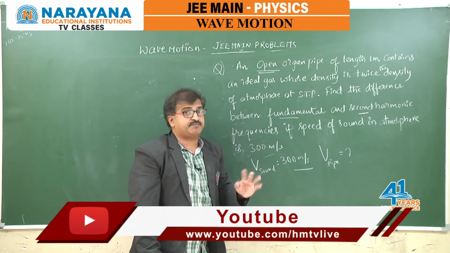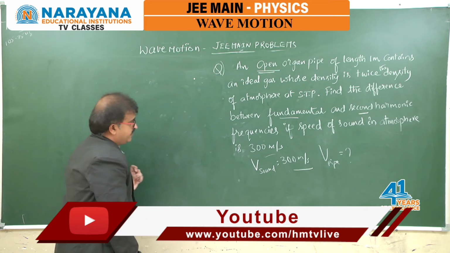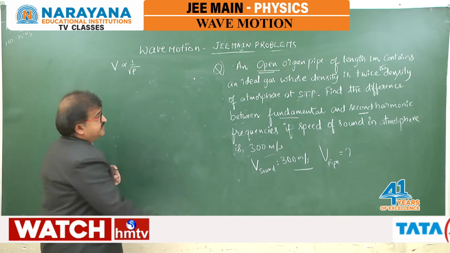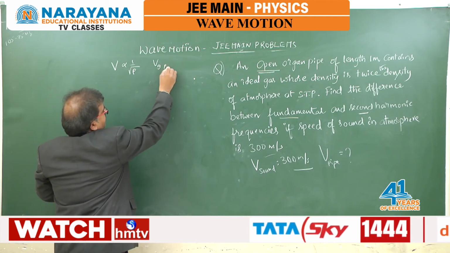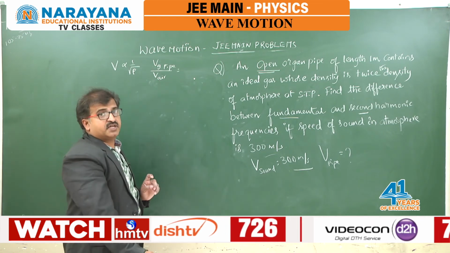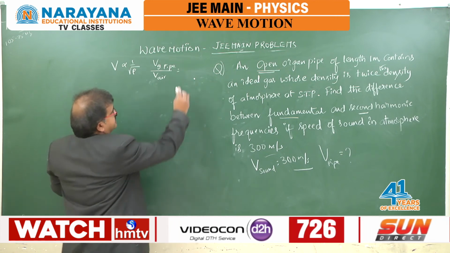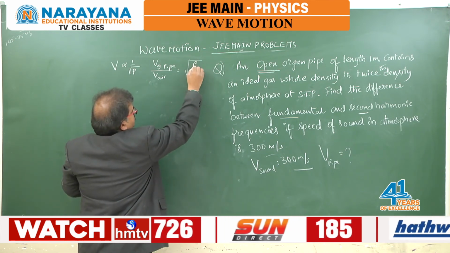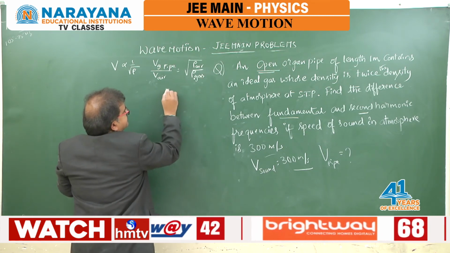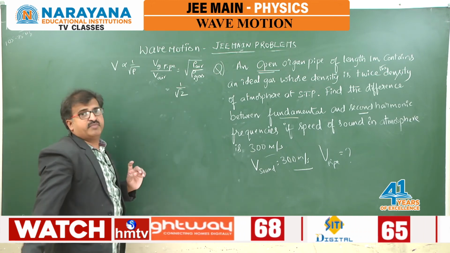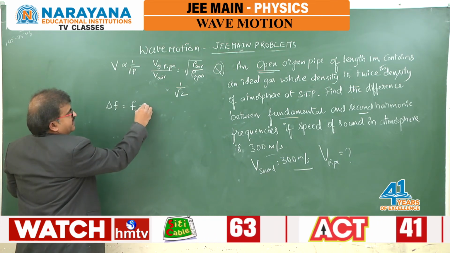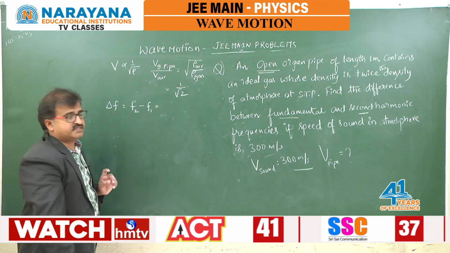Then the velocity of sound in that pipe is not given. You should remember that velocity is proportional to 1 by root rho. So the velocity of sound in the gas in the pipe by the velocity of sound in air becomes equal to root over rho of air by rho of gas, which will be 1 by root 2. Coming to the difference in the frequencies, second harmonic and fundamental frequencies.